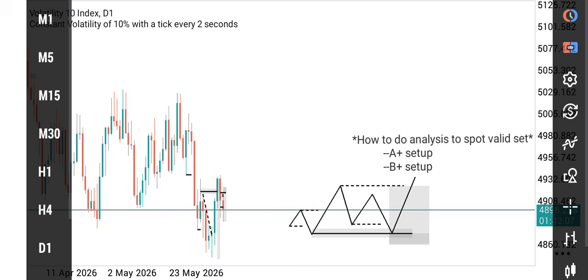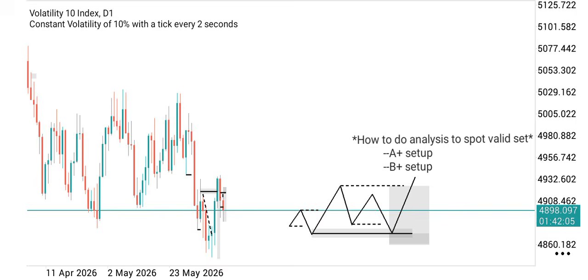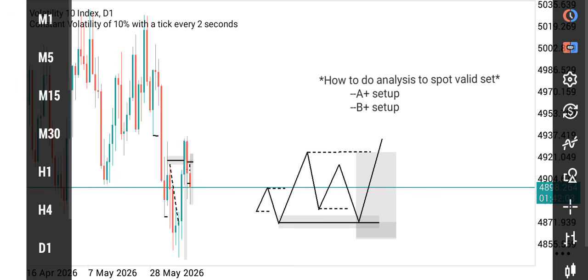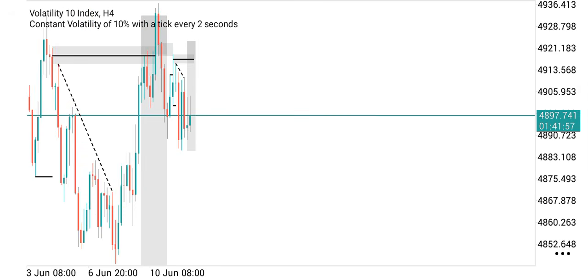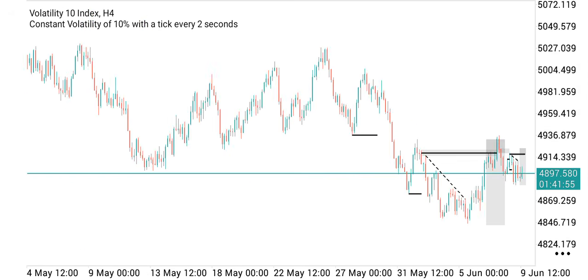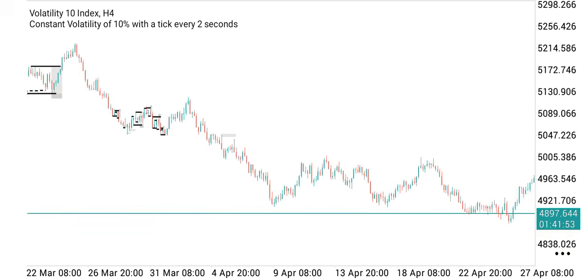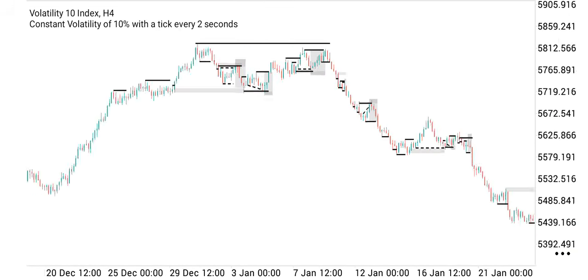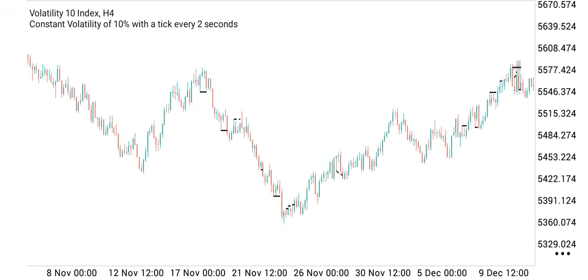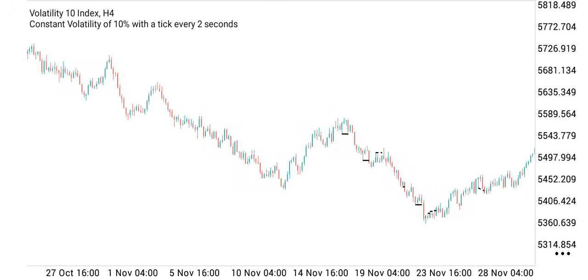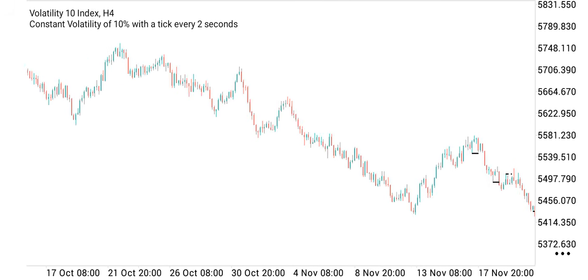Let's see how to spot a B+ setup. So let me shift to a 4-hour time frame, and let's see what we could do.